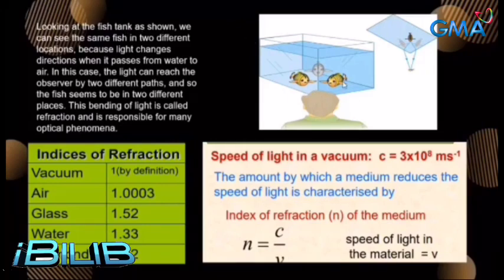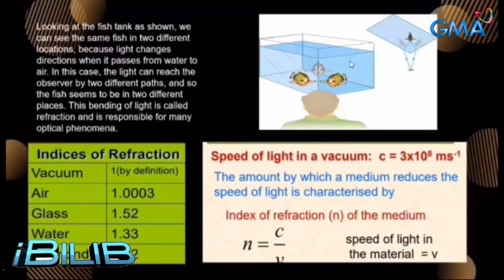We can see the same fish in two different locations because light changes direction when it passes from water to air. Nag-iiba yung direction pag yung light nagpasa siya from water to air. Kaya iba yung location ng mga isda na nakikita natin. Magkaibang location ang nakikita natin.